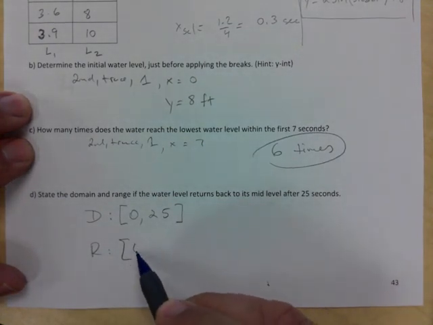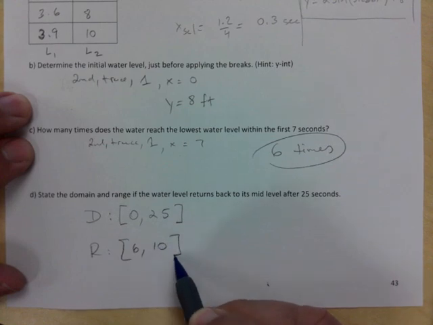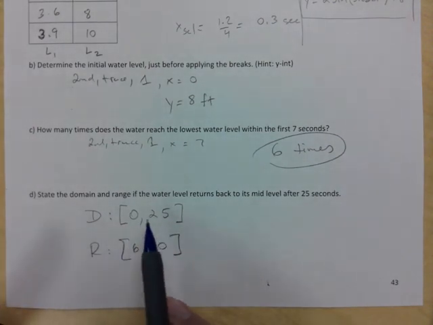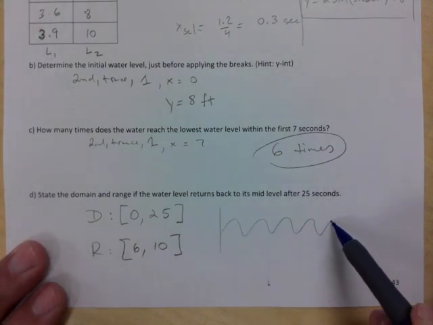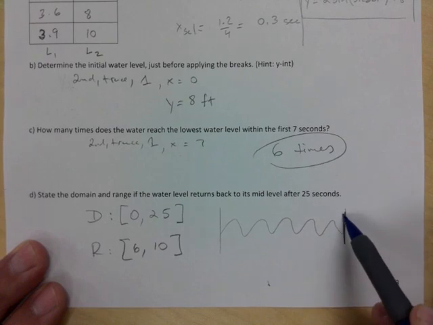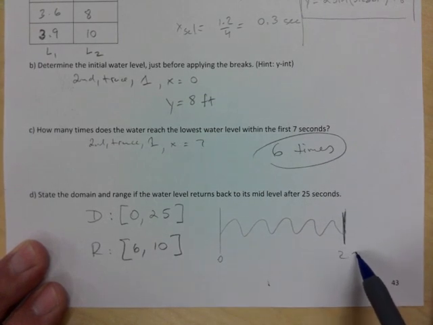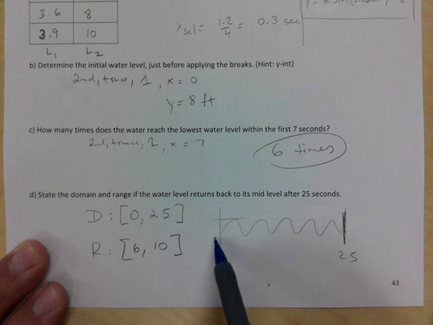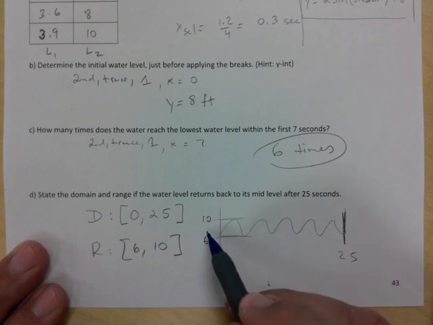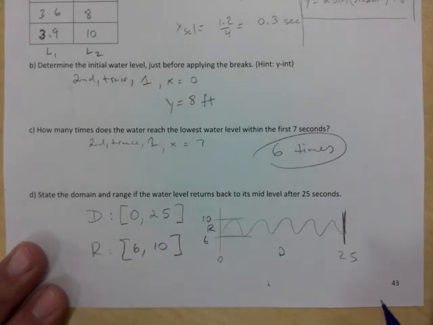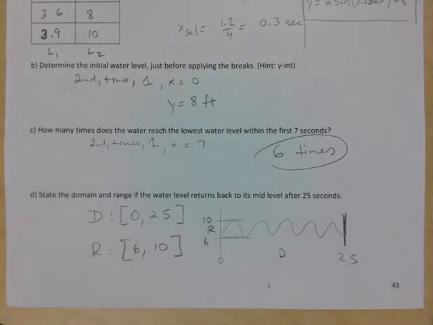No, it gets as low as 6 and as high as 10 throughout my domain, right? So if this is your graph, right, it stops here. So you're saying from 0 to 25, but when it comes to the y values, it gets as low as 6 and as high as 10, right? So this is my range, this is my domain. And there you have it. That was the question. Hope this helped you.